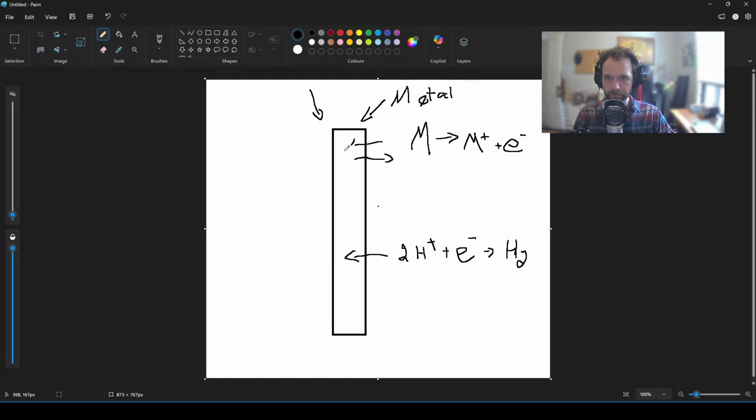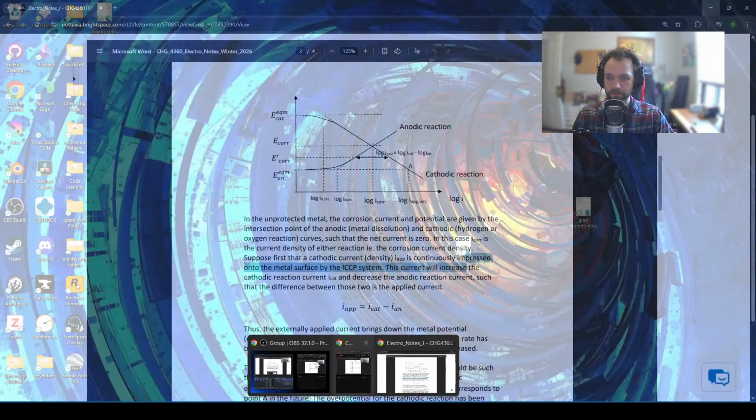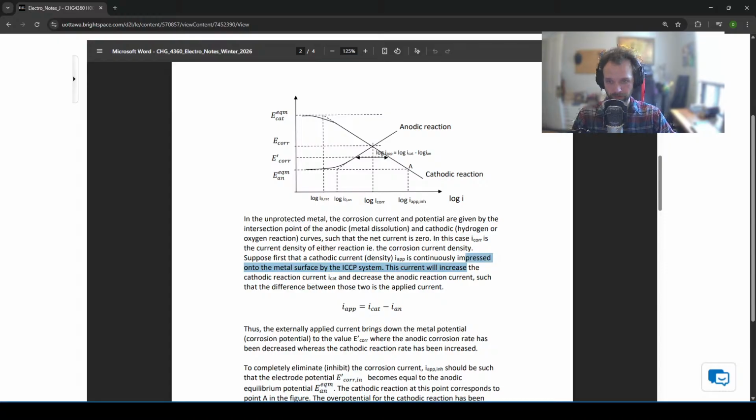So these arrows are wrong. Yeah, the more electrons you get into this thing, the more you lower the potential, the more you drive the cathodic reaction, or the more you favor the cathodic reaction.